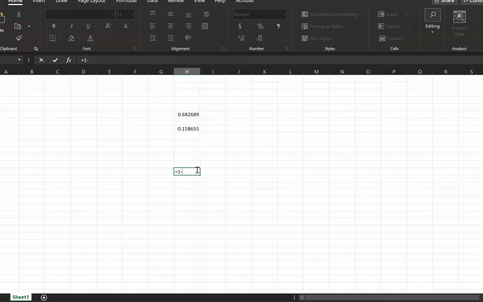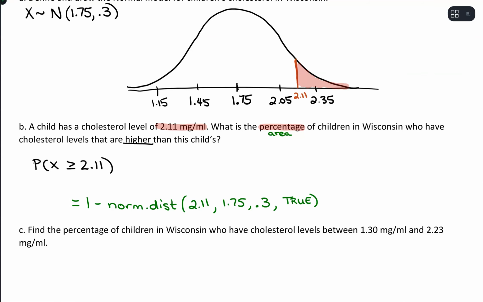So equals 1 minus normal distribution, 2.11, 1.75, 0.3, true. And we get 0.1151. All right. And then we want to answer with a nice sentence answer. So the question is, what is the percentage of children in Wisconsin who have cholesterol levels that are higher than this child's?